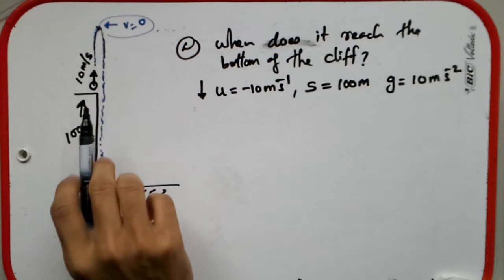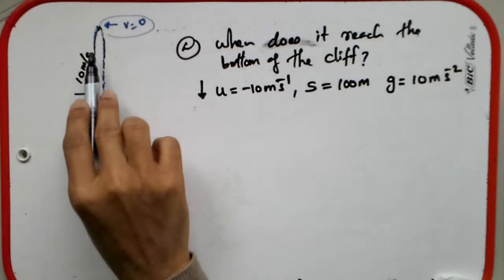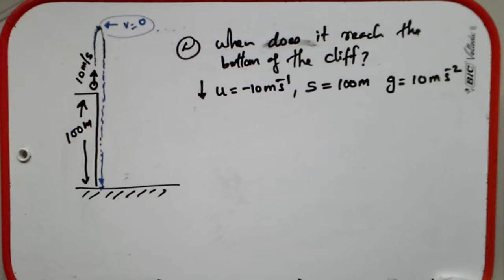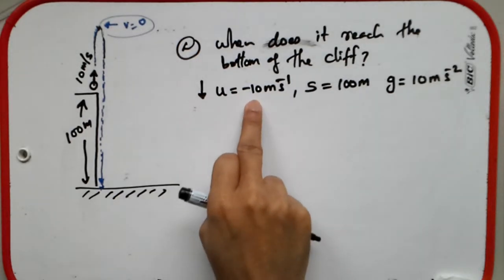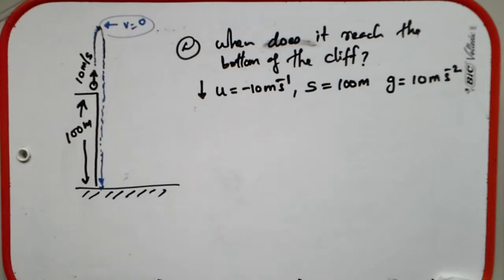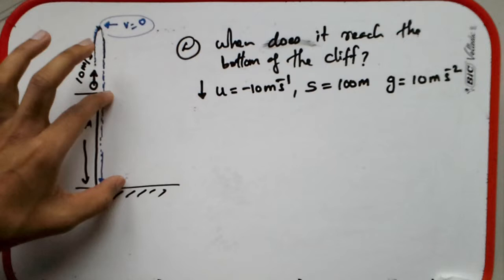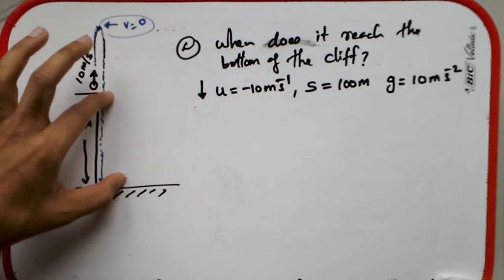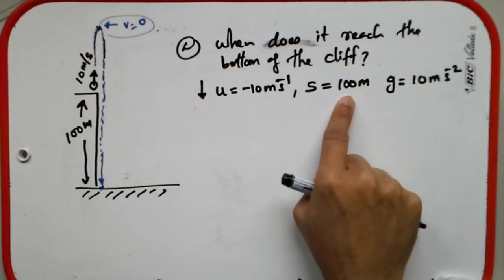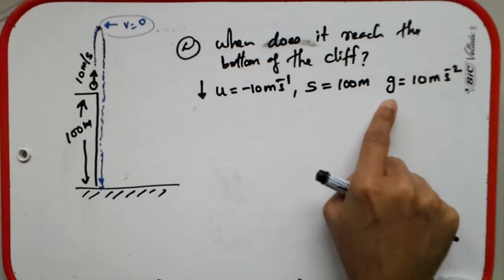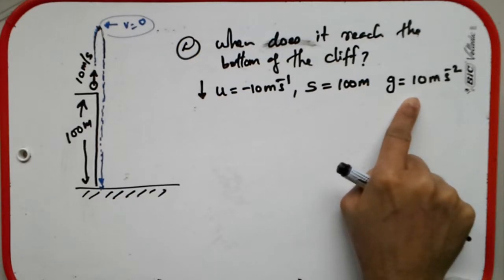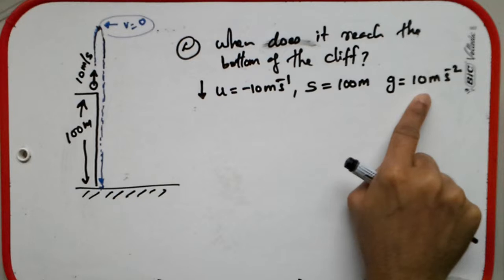So actually the ball is thrown upward, but I can assume the opposite direction, so I have to put a minus 10. So you are throwing the ball with minus 10 meter per second downward, and the ball is traveling 100 meter. So I put 100 meter here, and the gravity is downward always, which is 10 meter per second squared.